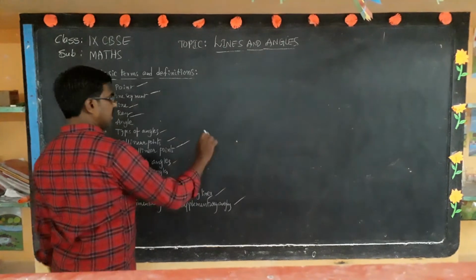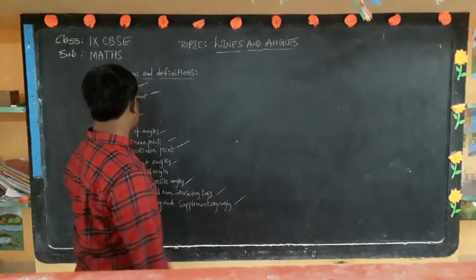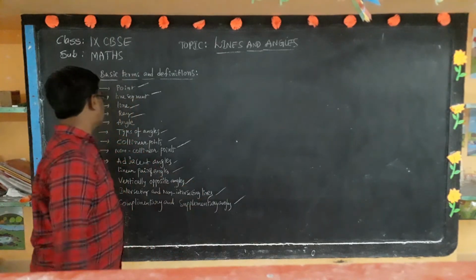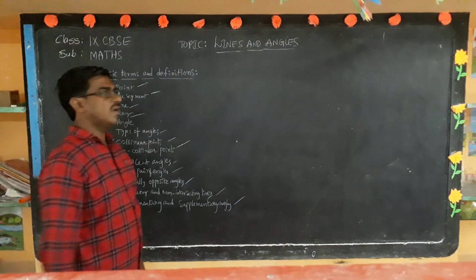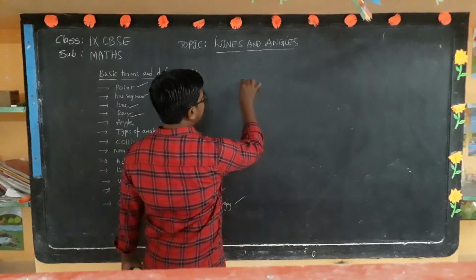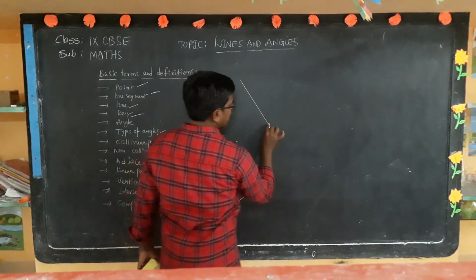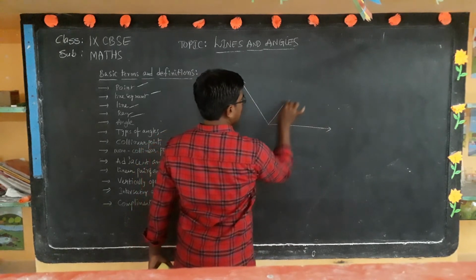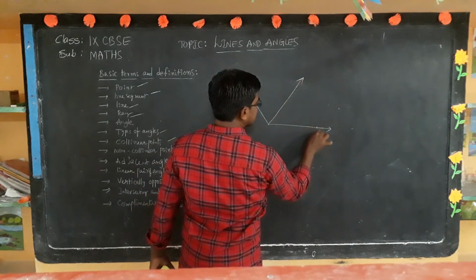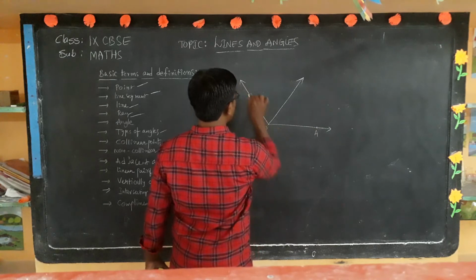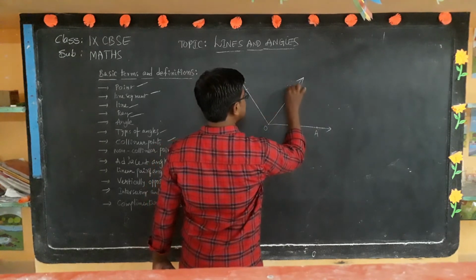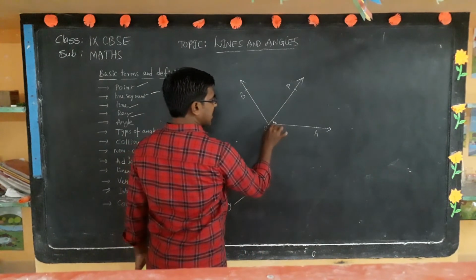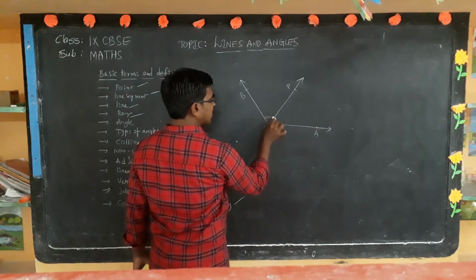Next we will discuss adjacent angles and linear pair of angles, and with that we can complete all the topics. Take an angle and observe: A, O, B, and take this point as P. This is one angle and this is another angle.